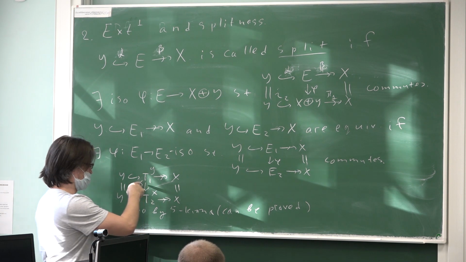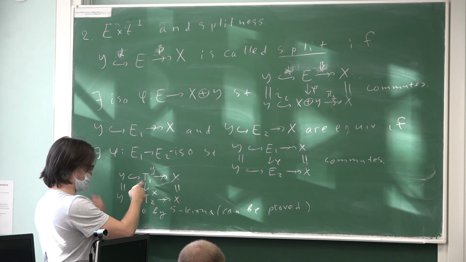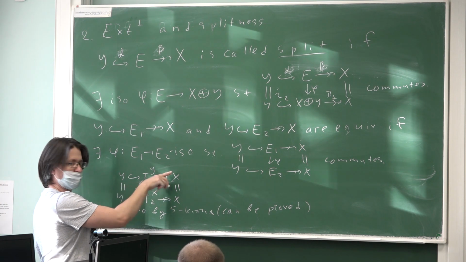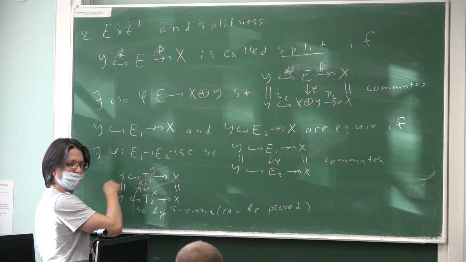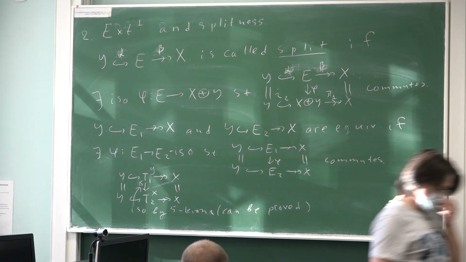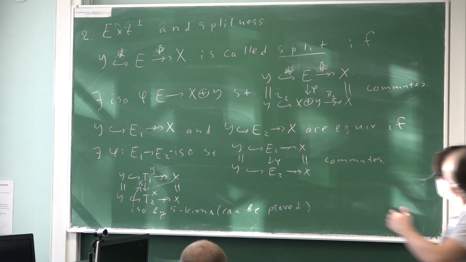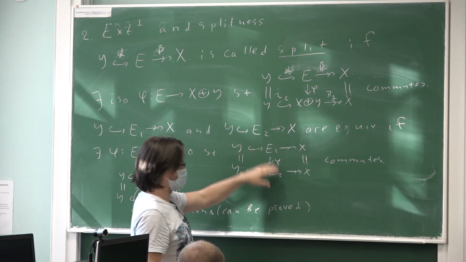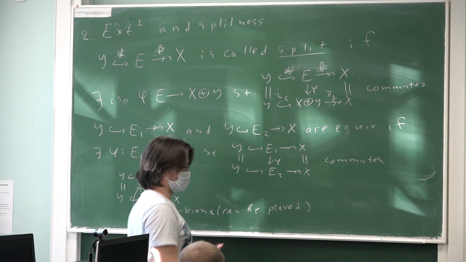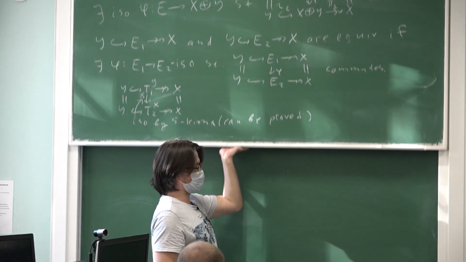So two extensions are equivalent if there is an isomorphism between middle terms such that all squares commute when you put id and id. And so if two extensions are equivalent, then really there is a map from one to another, and this map is an isomorphism. So two extensions are equivalent if and only if they are isomorphic.